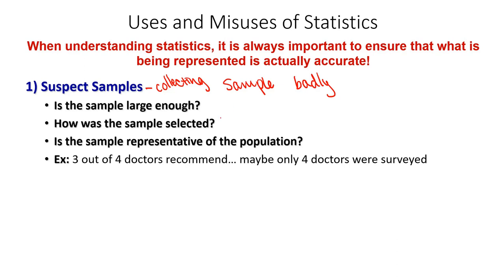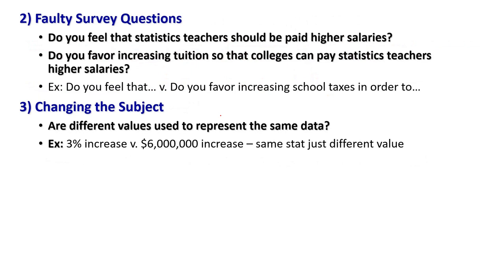Did you not use a good sampling technique? And is the sample actually representative of the population? Maybe you have a good sample size, but you haven't thought of all the different ethnicities that could represent the population. An example would be like 3 out of 4 doctors recommend Trident gum, when really, in reality, only 4 doctors were surveyed. That's an example of misusing statistics.